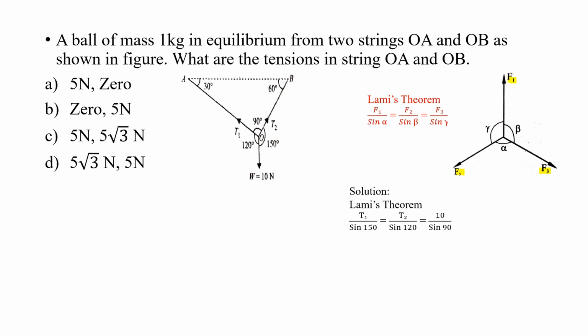From this equation, T1 = 10/sin 90 into sin 150, which is equal to 5 Newton, and T2 = 10/sin 90 into sin 120, which is equal to 5 root 3 Newton. So the answer is option C, 5 Newton and 5 root 3 Newton. Okay, thank you.